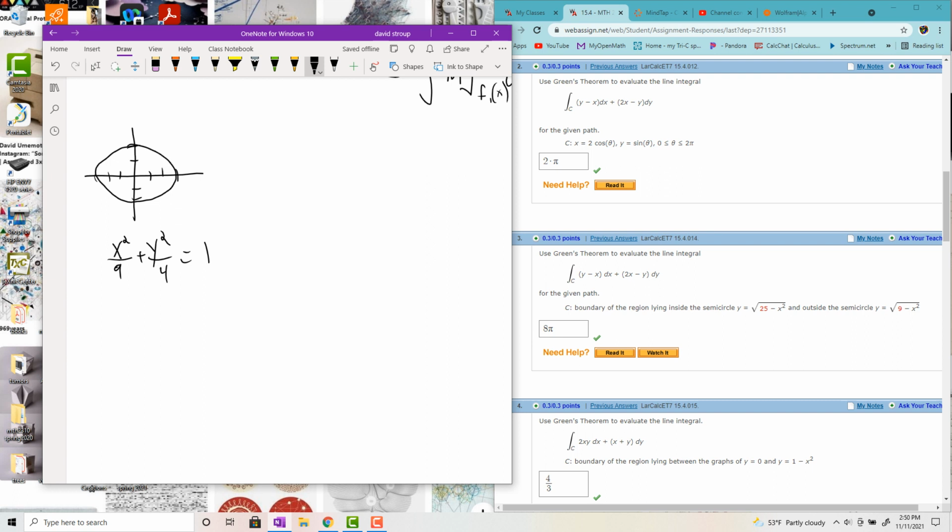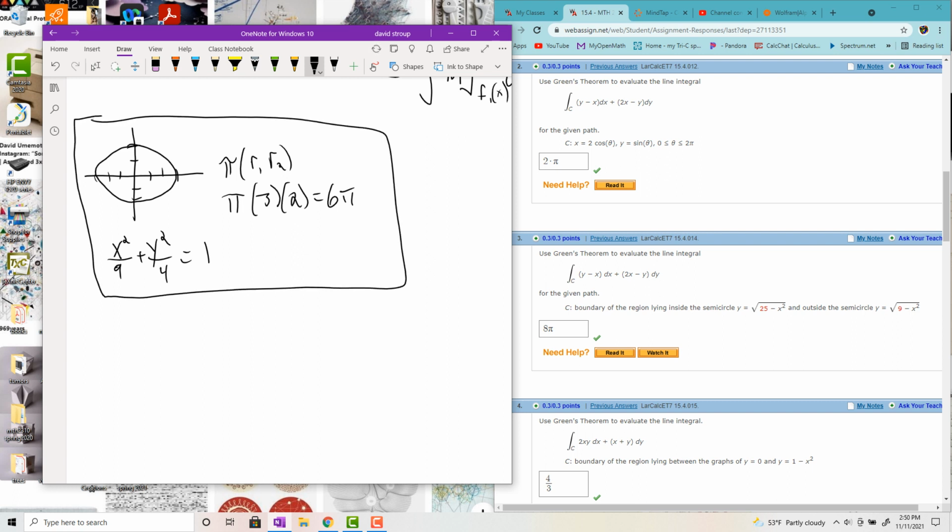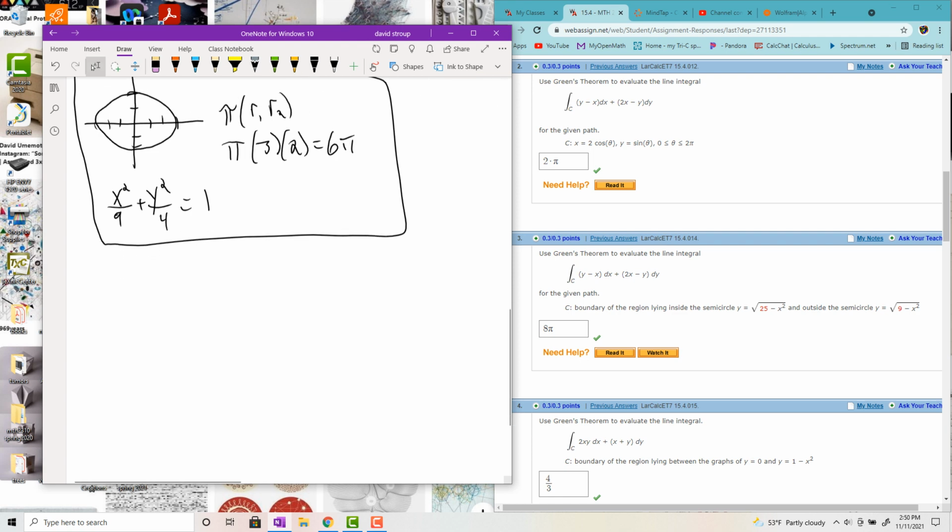Does anybody know? It's just pi times the two different radii, radius 3 times radius 2. So it'll be pi times 3 times 2, which is 6 pi. Just by the way, you may need that for some of the problems later on. Just want to make sure it's in your notes somewhere.